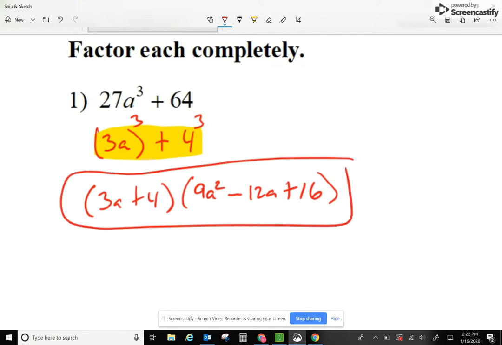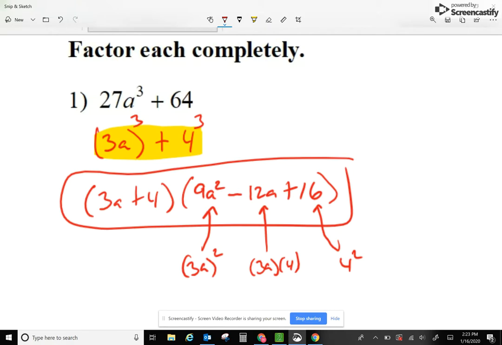Once you get the first parentheses, you use it to get the second parentheses. So a little recap. 9a squared because I went 3a squared. I squared my first term. The way I got the 16 is because I went 4 squared. The way I got the 12a is because I had 3a times 4. I multiply my 2 terms from the first parentheses.